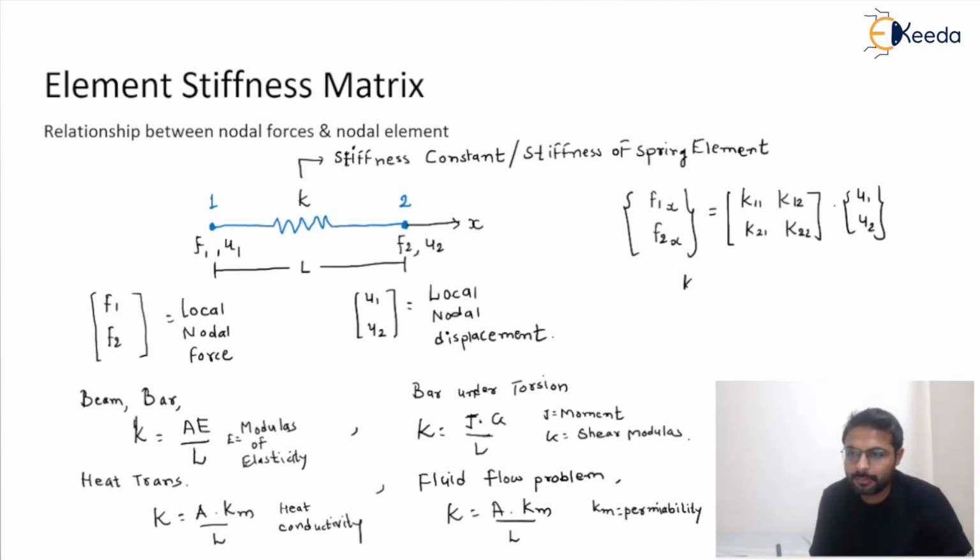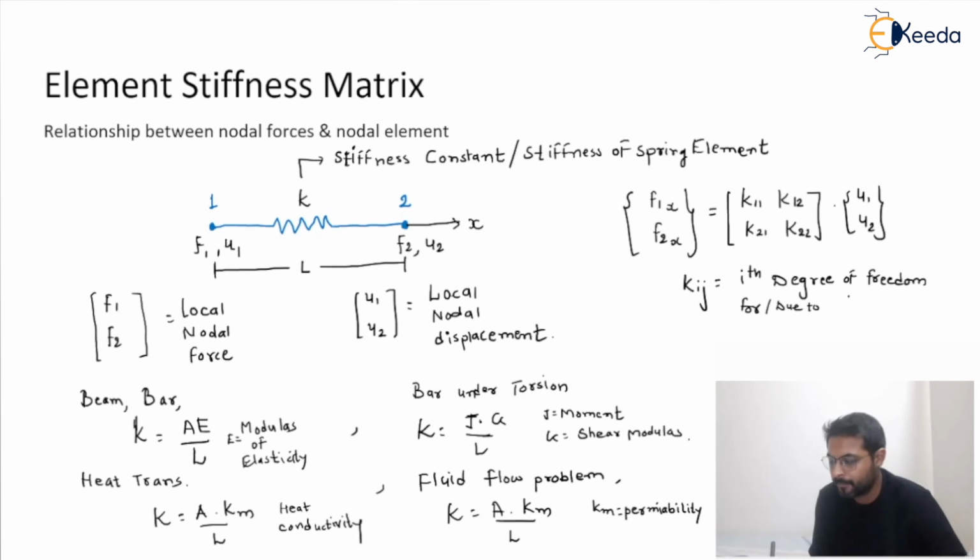Here kij is nothing but the force in the ith degree of freedom due to unit displacement in the jth degree of freedom.